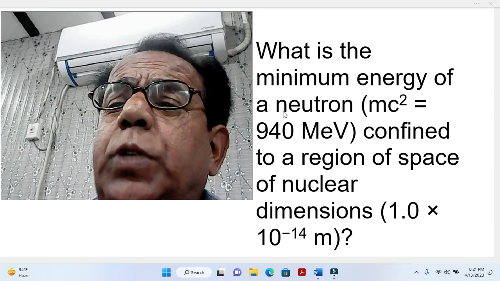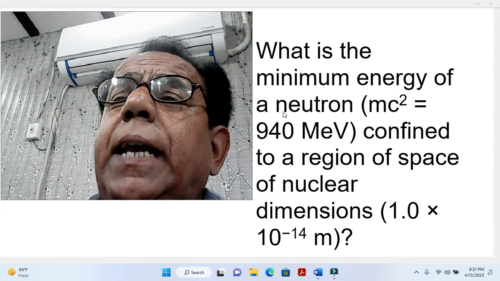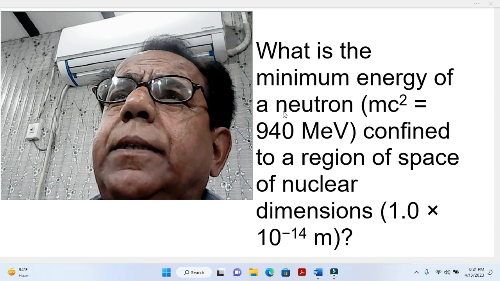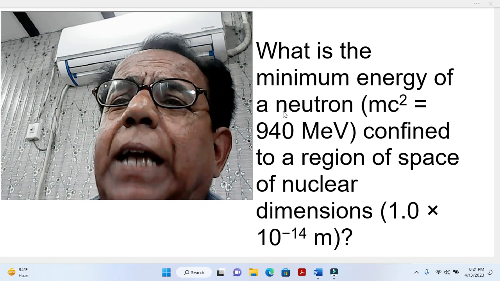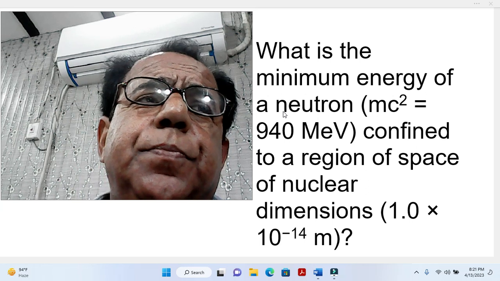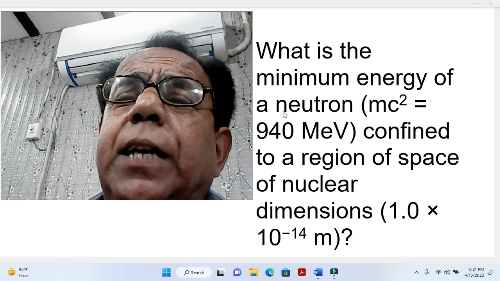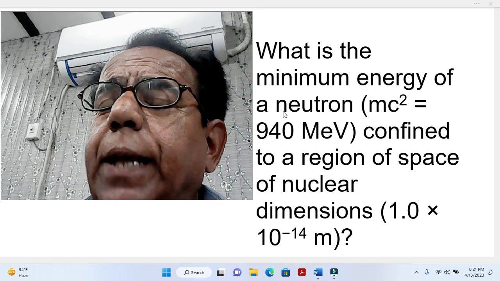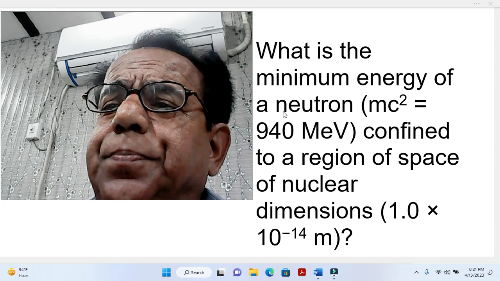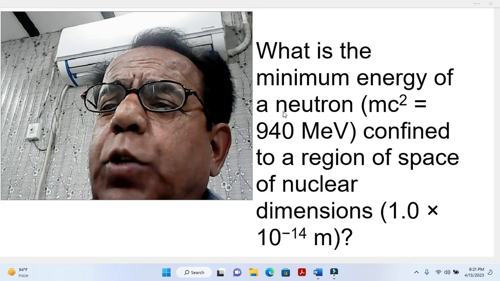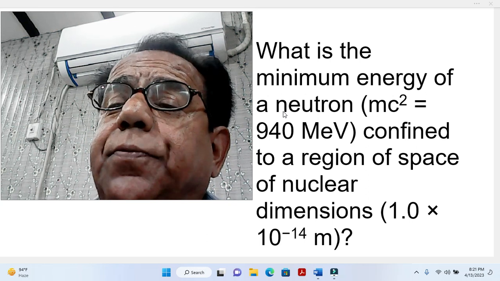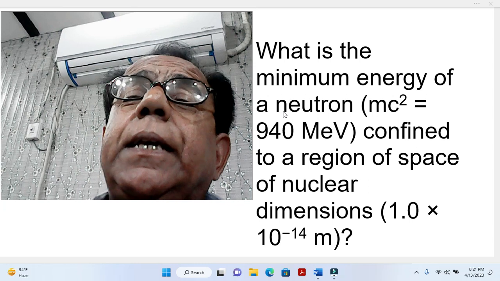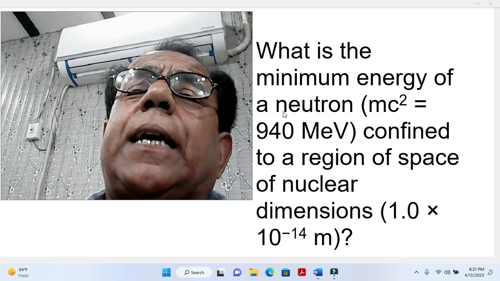Dear students, as per the fashion of physical quantities, this quantity, that is, the region of space of nuclear dimensions 1.0 into 10 to power minus 14 meter, is slightly irregular.